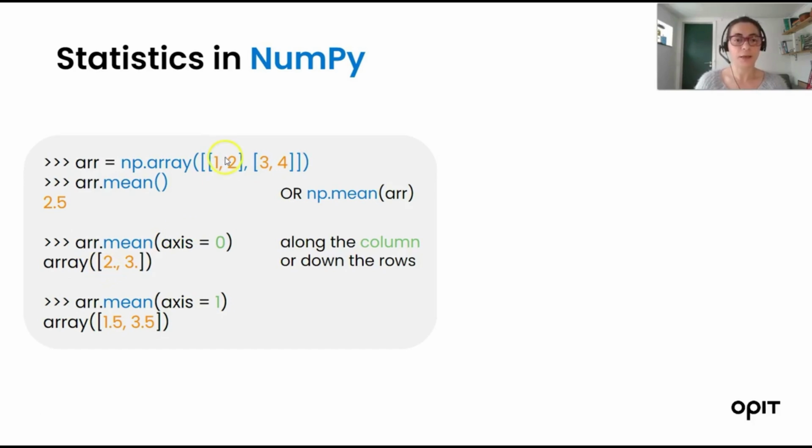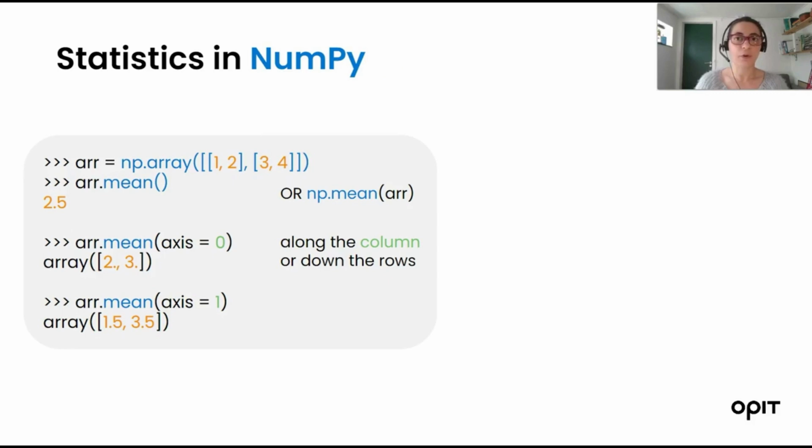So here, for example, we computed 1 plus 3, that's the elements on the first column, 4 divided by 2, 2; 2 plus 4, 6 divided by 2, 3. And this is the array created with the mean values along the column of the initial array.